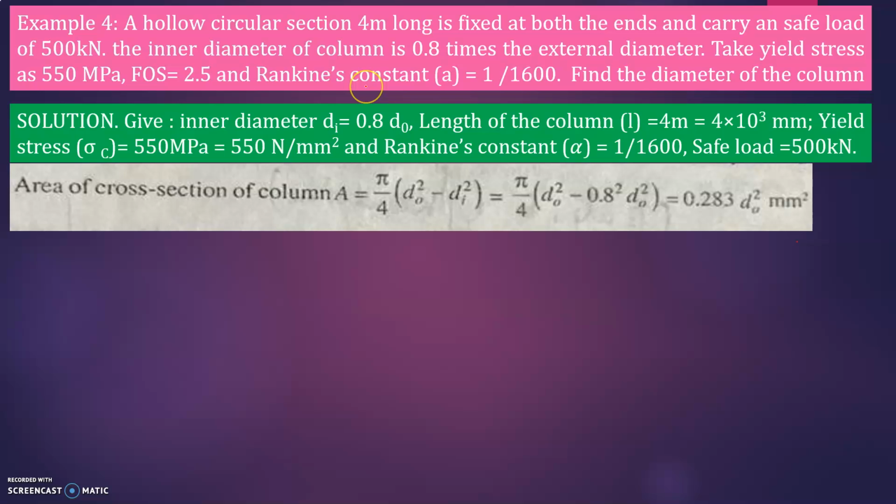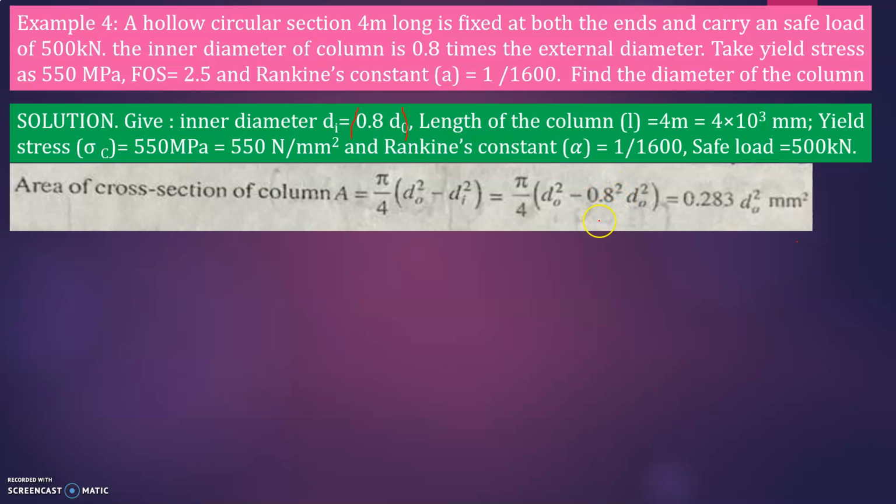In Rankine's formula we require both A and I. So let us calculate A first. This is a hollow circular section, so A is equal to pi divided by 4 into d naught square minus di square. We don't know the external diameter, it is not given, so let it be d naught square minus di square. Here di is equal to 0.8 times d naught, so you have to substitute that.